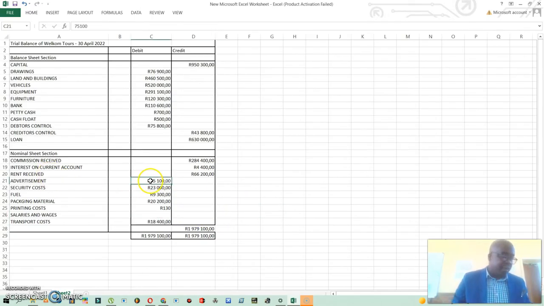So you will have your advertisement of 75,000. Then you will have your security costs of 23,000.